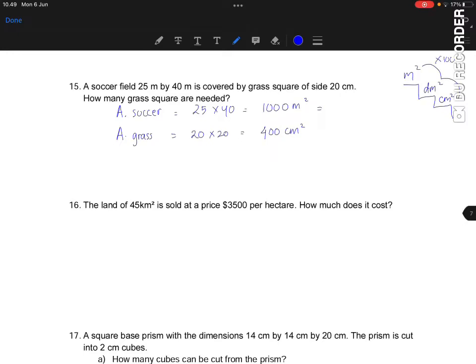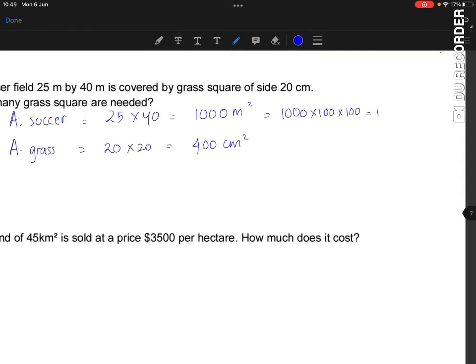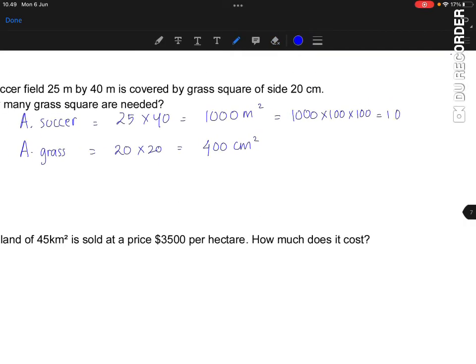So you will have 1,000 multiplied by 100 multiplied by 100. How many zeros do we have here? Oh, hold on. 10,000,000. Okay, 10 million then.